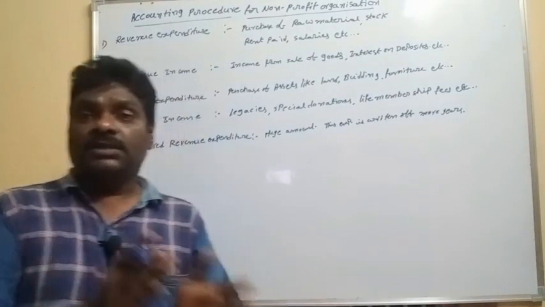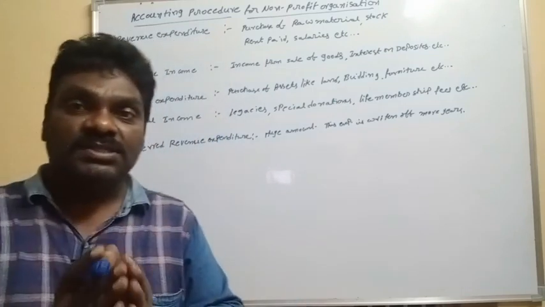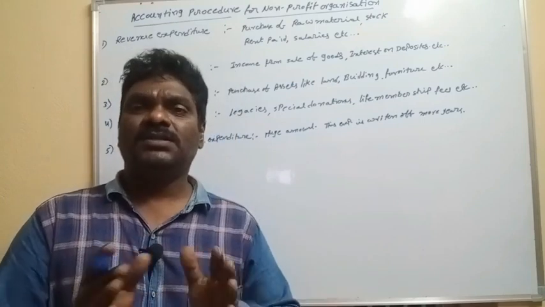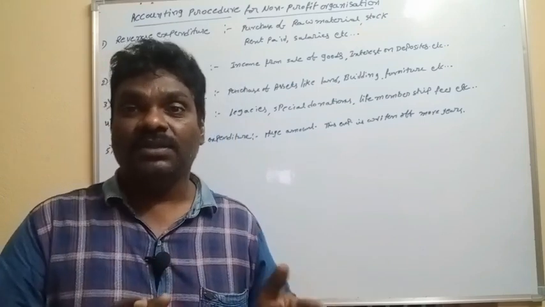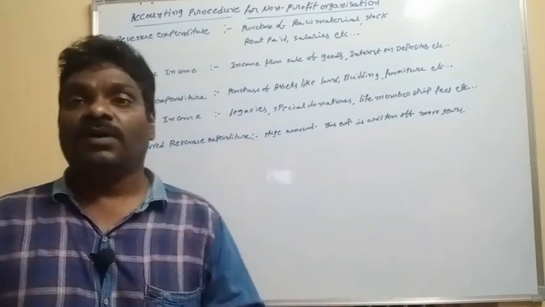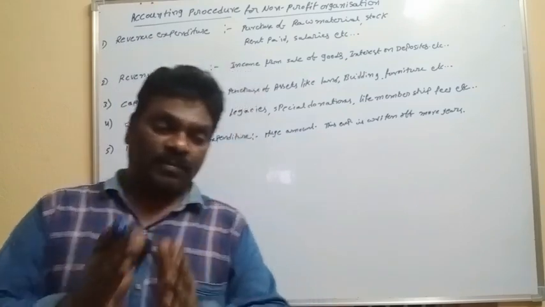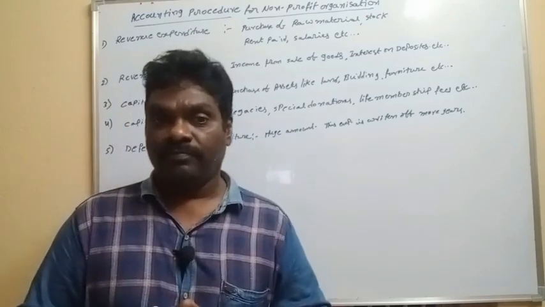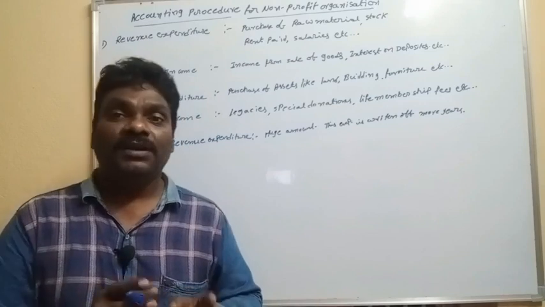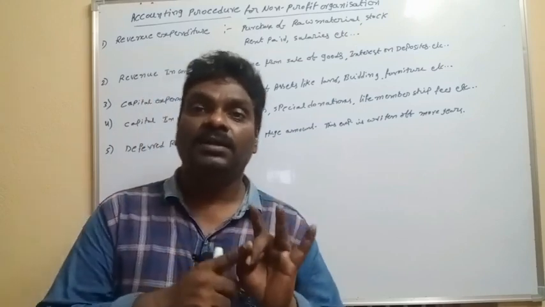Okay, the next topic in our class is the accounting procedure for non-profit organizations. What is the difference between this and ordinary organizations like sole trade and partnership? Imagine a sole trader: at the end of the year he prepares final accounts, the trading account, profit and loss account and balance sheet.